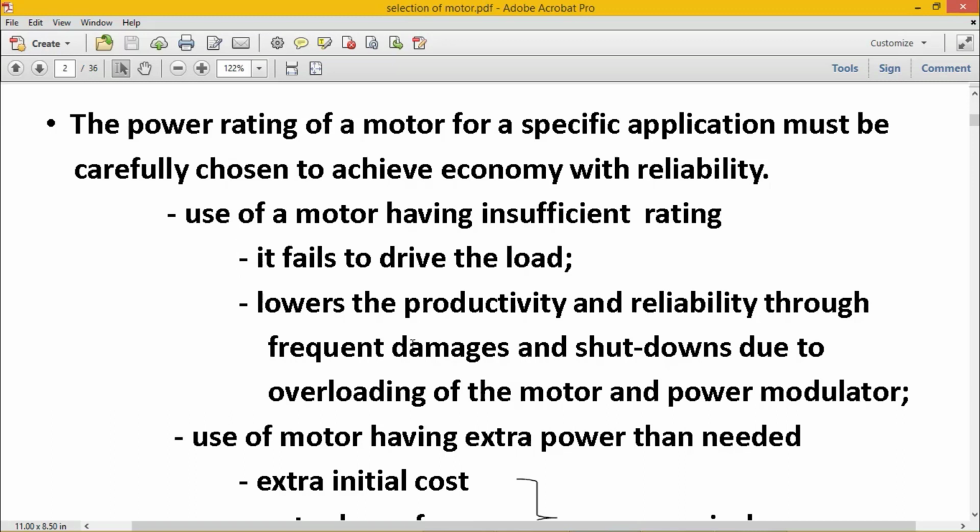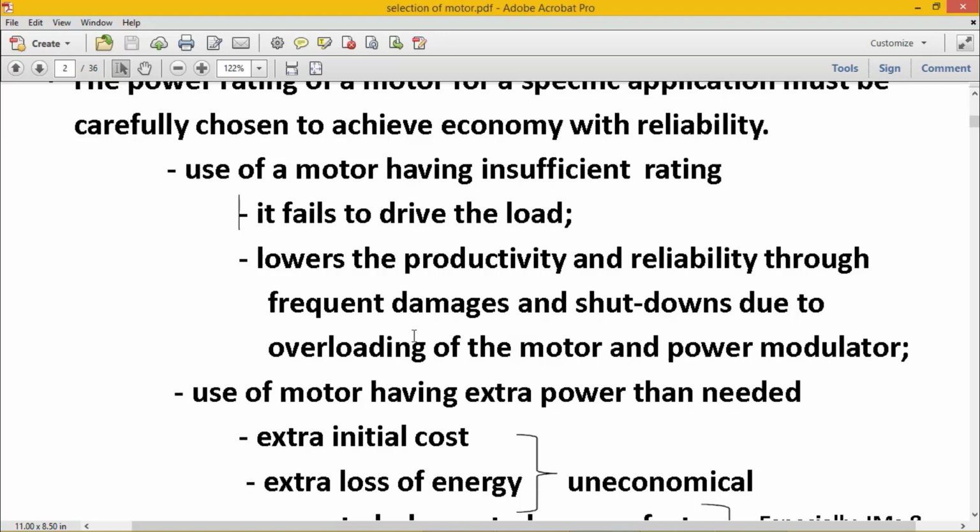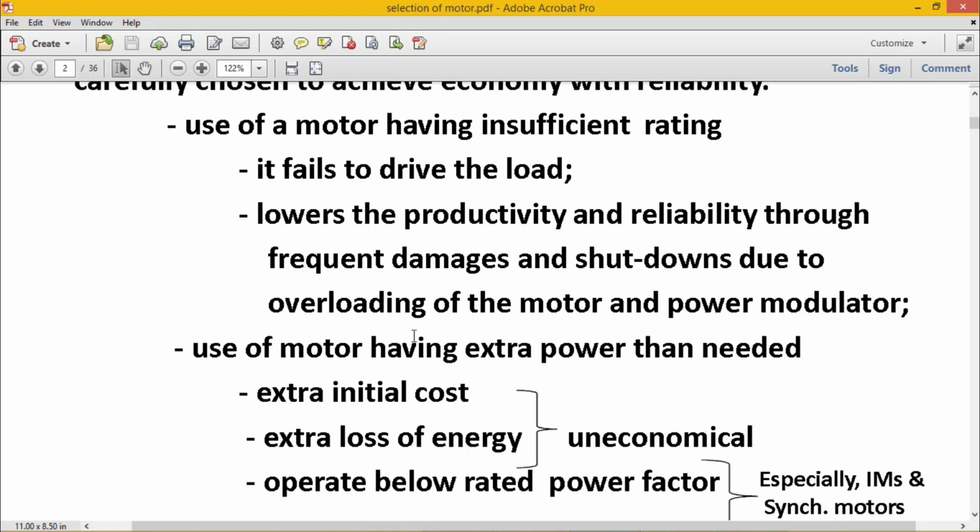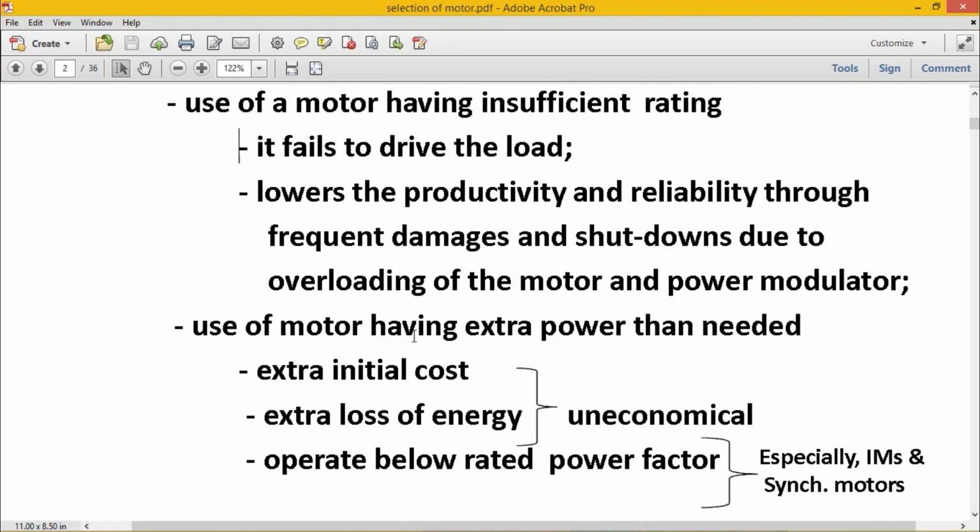Now what will happen if we use a motor with higher rating, which has extra power than what we exactly needed for that particular application? Then first of all, the initial cost is high, because if I require a 10 horsepower motor, and for that purpose we use a 100 horsepower motor, then the cost will increase.